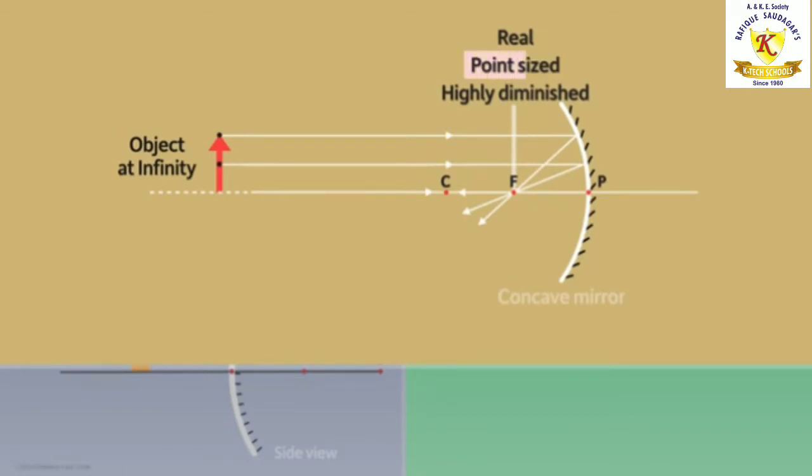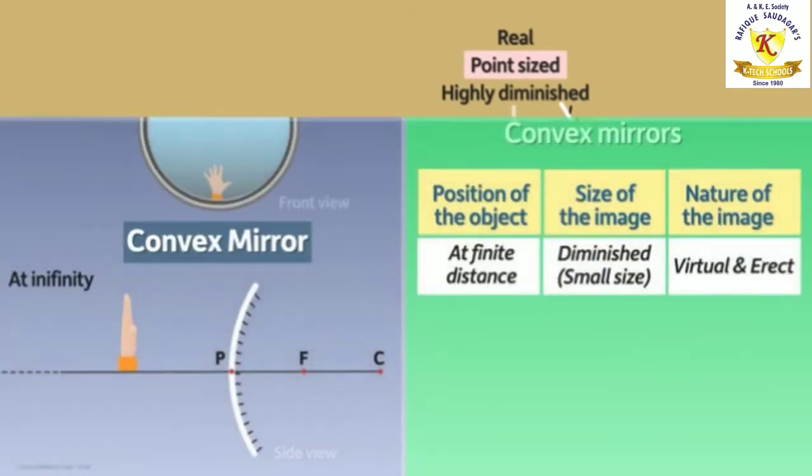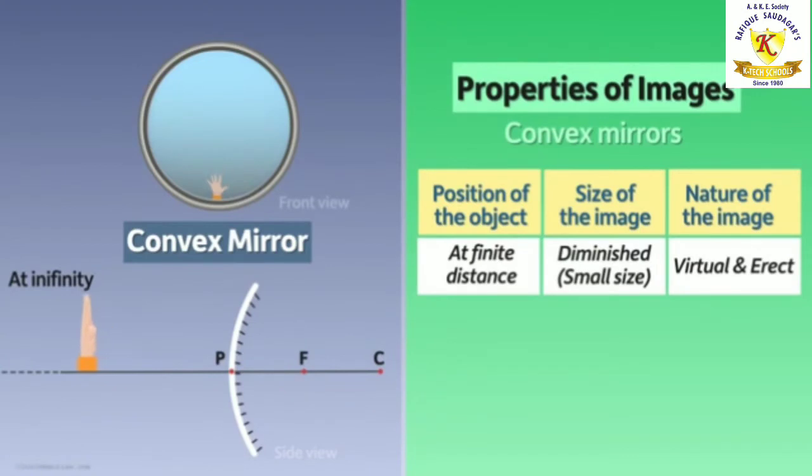Point-sized means that the whole image of the object is formed at a single point. Here too, the same thing happens. The image formed is indeed point-sized, but here the image is virtual.